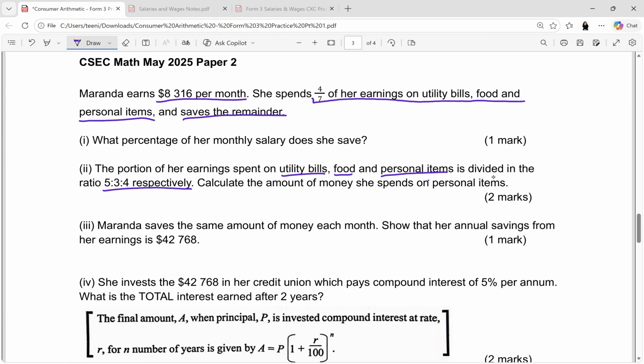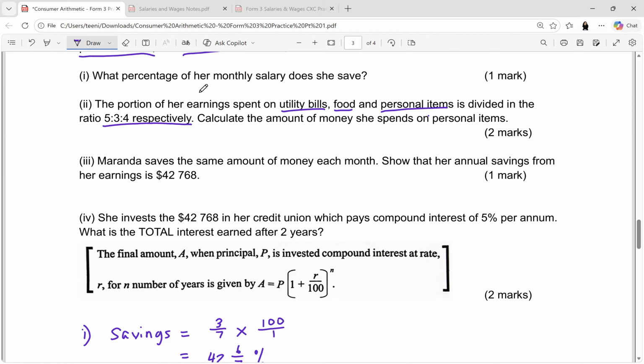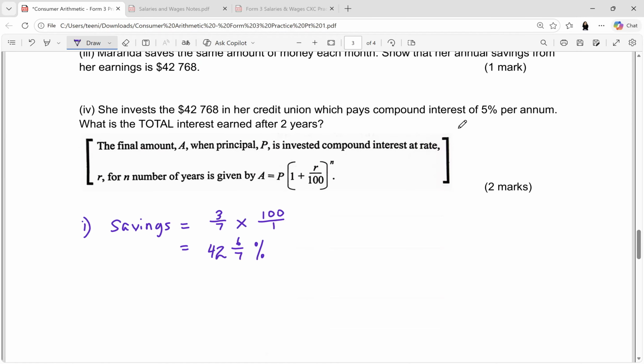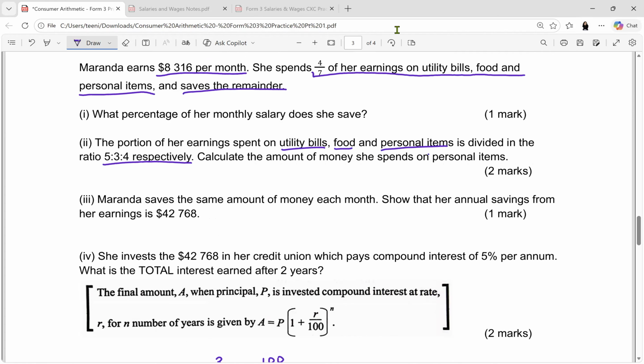All right. So then we first need to know what is the amount of money dedicated to all of those things. It tells us that she spends 4/7 of her earnings on those three items. So the first thing we would have to do is find 4/7 of that money, which is 8316.